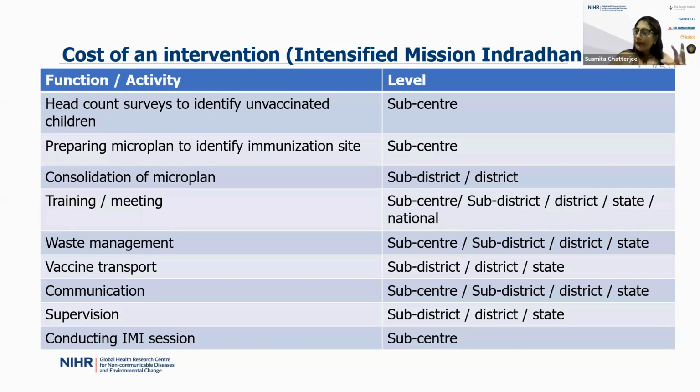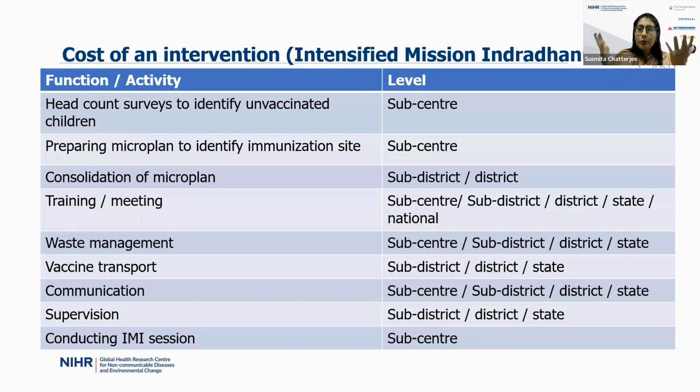Then 5-6 sub-centers are combined in one primary health center in our case. I'm sure most countries like us will have this kind of structure, where a center has 4-5 such lower-level units below it. So these 4-5 people made this micro plan. Those needs to be consolidated, right?